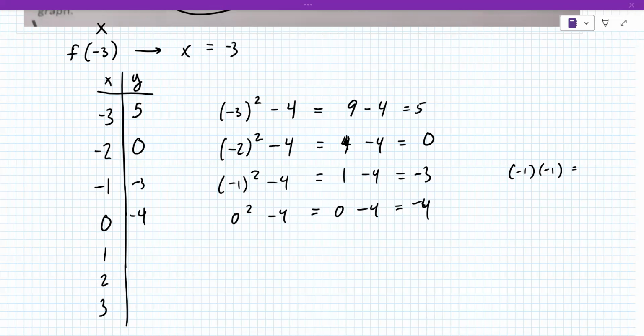If you want to send them over each time, or give me the answers each time, that's fine as well. I'm asking you to finish off this table. So, 1 squared minus 4, 2 squared minus 4, 3 squared minus 4.